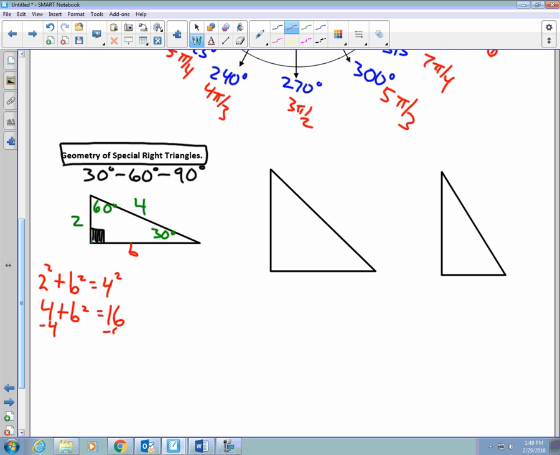Subtract the 4, and you get B squared is equal to 12. Square root both sides. B is equal to the square root of 12. Hey, what's a perfect square that you can take out of 12? 4. So you would get 2 roots of 3, correct? Look at that. It's that side multiplied by the root of 3. All the time.